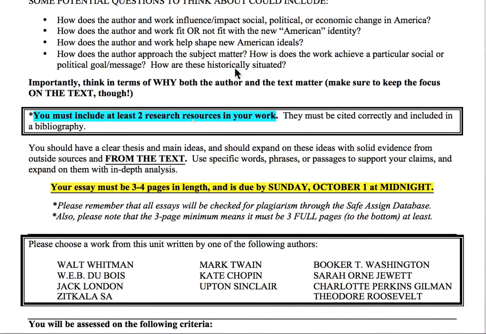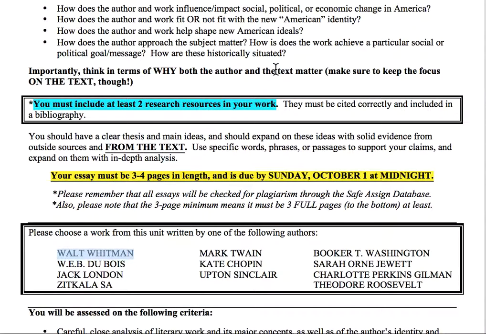You could look at how the author or work helps shape the new American ideas. Walt Whitman is a huge voice in helping us understand the identity of what a quote-unquote America is. How does the author approach the subject matter? How does their work achieve a particular social or political goal or message, or how is it historically situated?